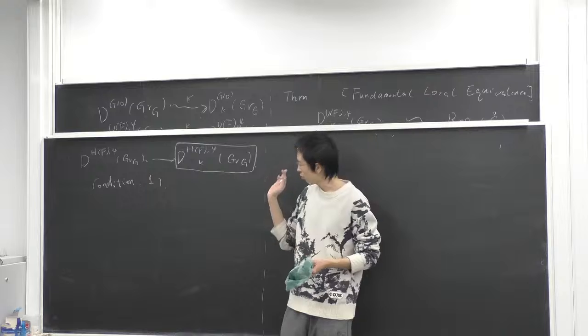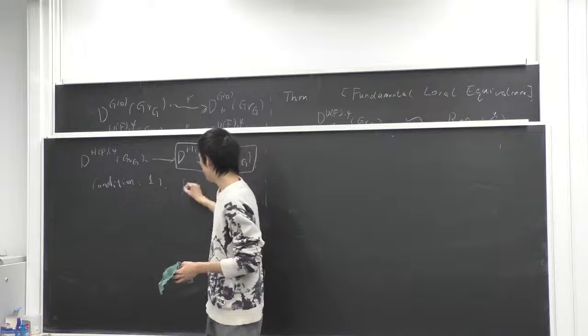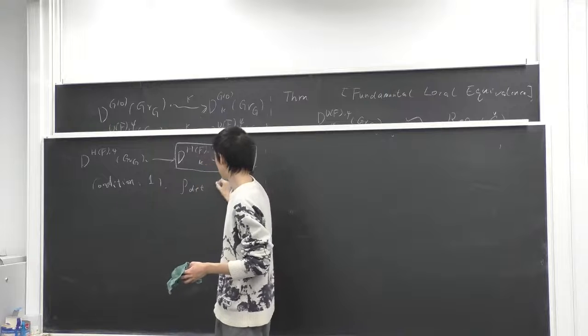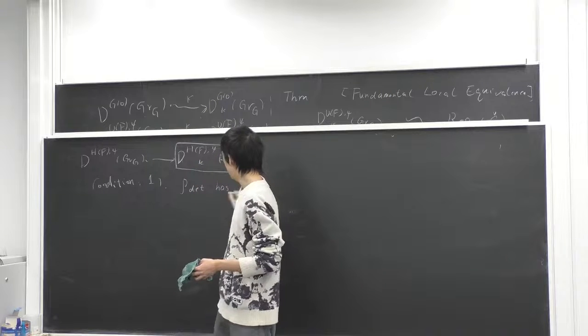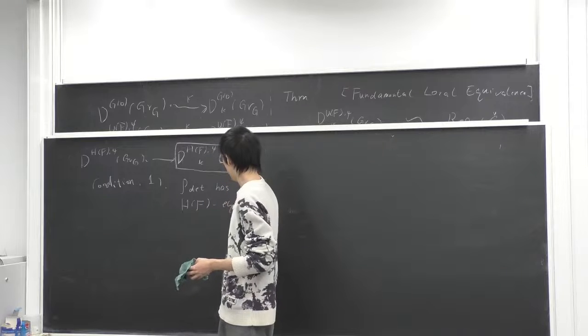To make it well defined, you need your determinant line bundle P delta to have an H-equivariant structure.